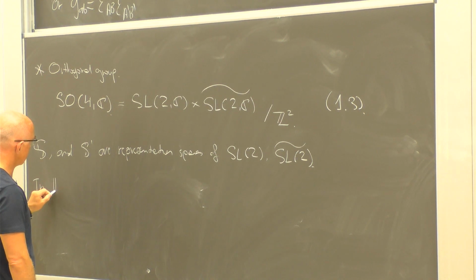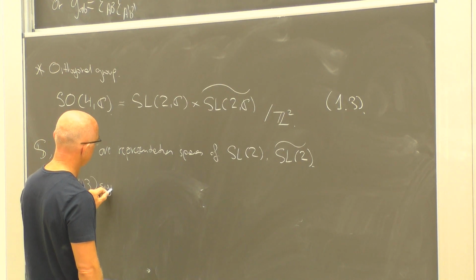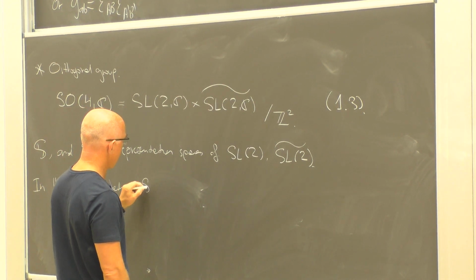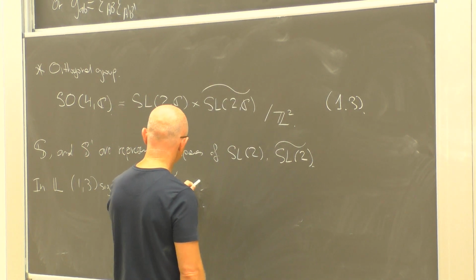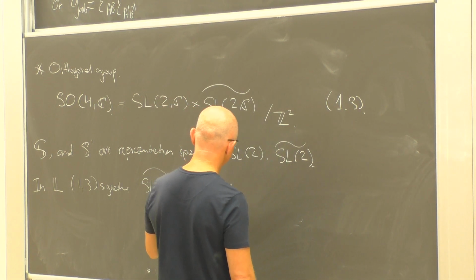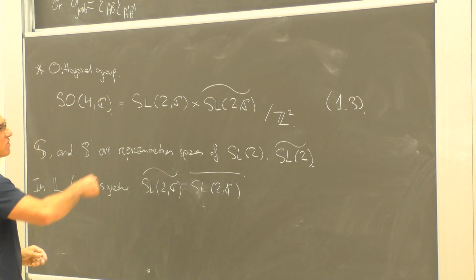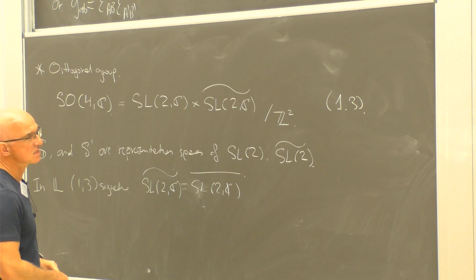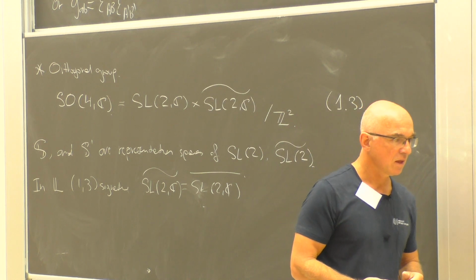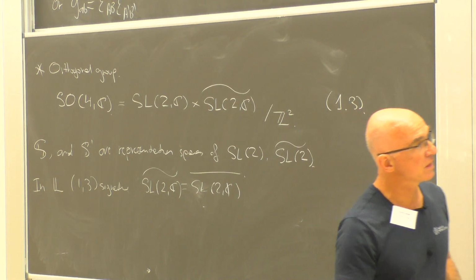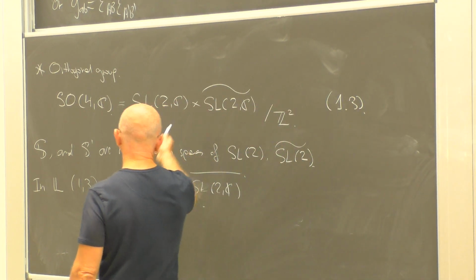So in the Lorentzian 1-3 signature, SL2C tilde is really SL2C bar, and you realize this endomorphism by saying that instead of transforming a vector by a Lorentz transformation, I'm going to transform the corresponding matrix, this matrix V_AA', by a product of 2 SL2 transformations.